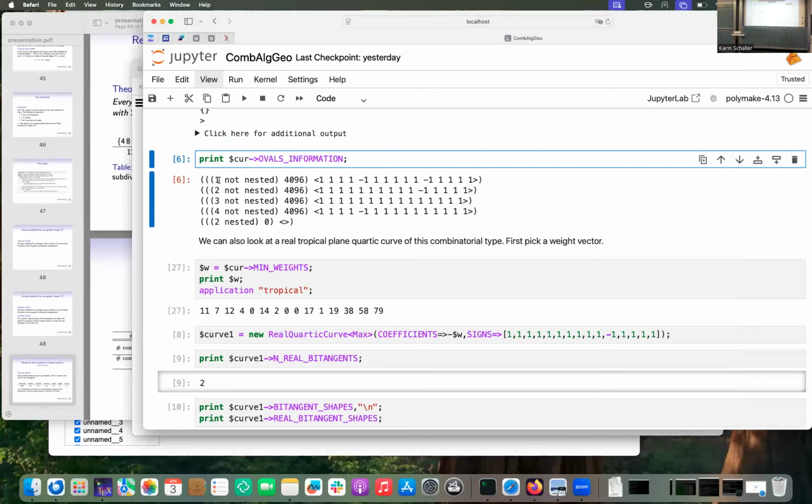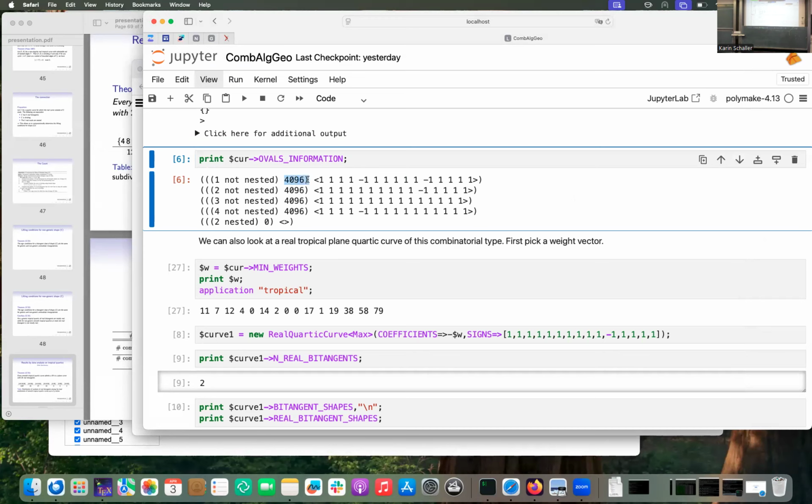So it tells you there are 4,096 possible signs that you can apply to this triangulation to get one non-nested oval. And this is an example sign distribution. And you see there is no possible way to apply a sign distribution to get two nested ovals. You will always see non-nested ovals if you have a tropical quartic with this triangulation.